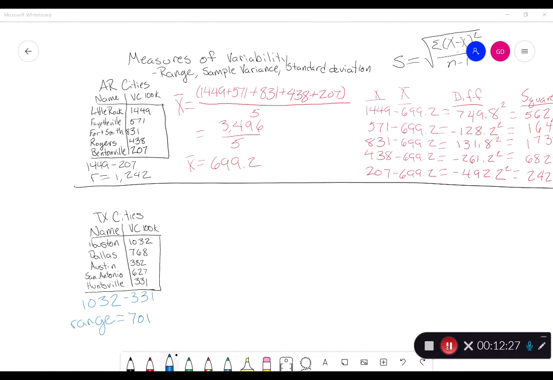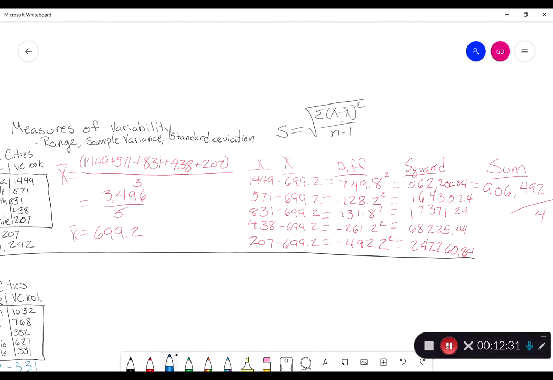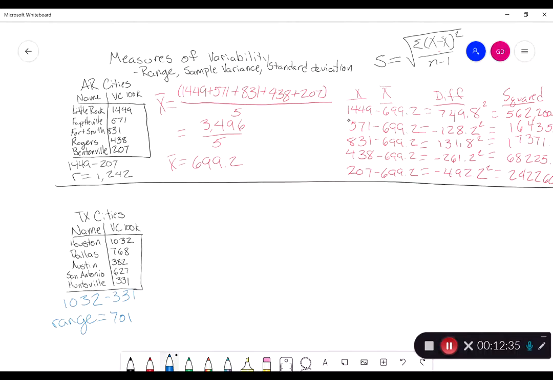And now, similar to the Arkansas city example, if we come back up to the standard deviation equation, we need to calculate the mean of the Texas cities first, so we can start the process of subtracting from the actual values. So for the mean, in the numerator we're going to have 1,032 plus 768 plus 382 plus 627 plus 331.